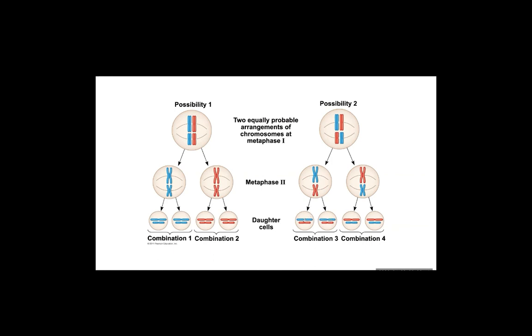In this daughter cell, you have a long blue chromosome and a short red. Okay? The other combination has a long red chromosome and then a short blue chromosome. So you will have different combinations of daughter cells in terms of independent assortment of homologous chromosomes.